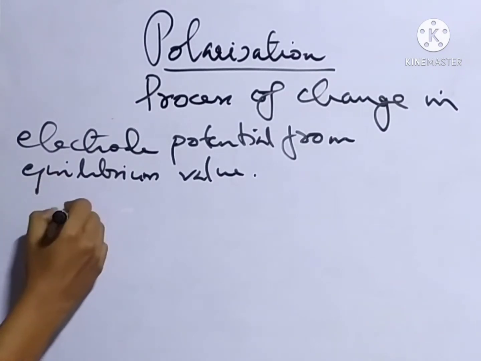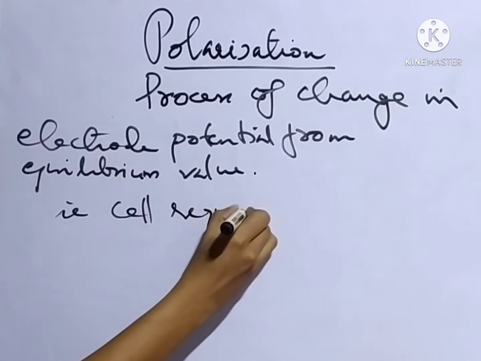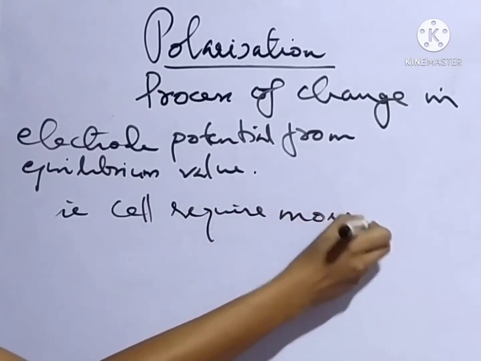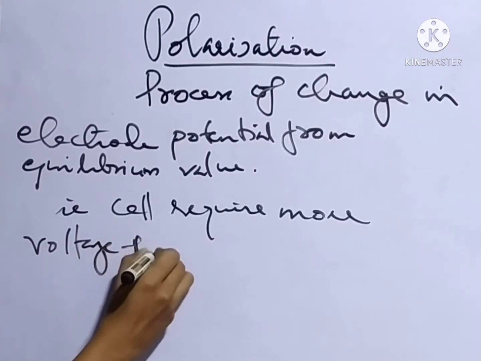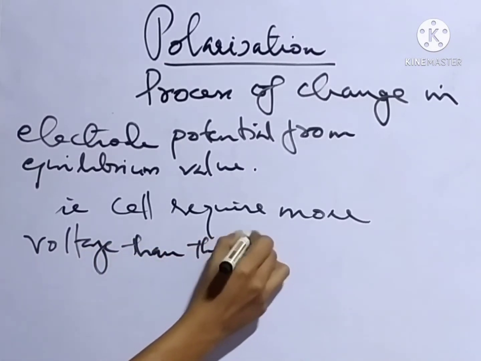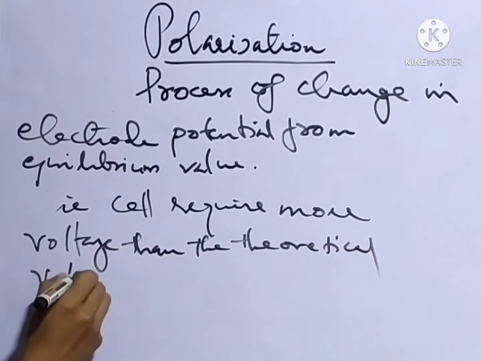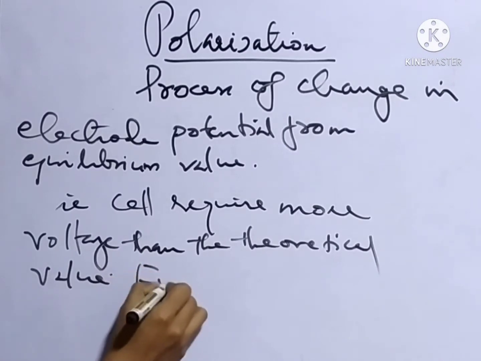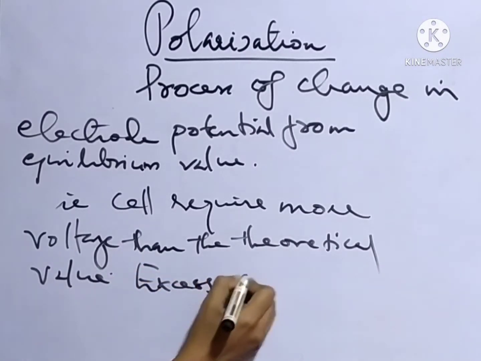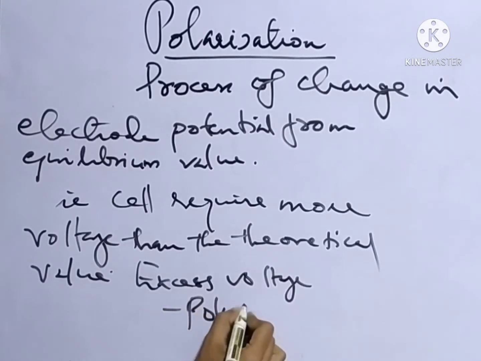So that is, the cell requires more voltage than the theoretical value, and the excess voltage is known as polarization current.